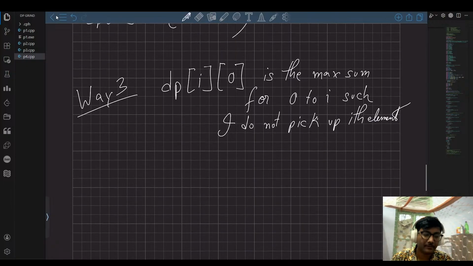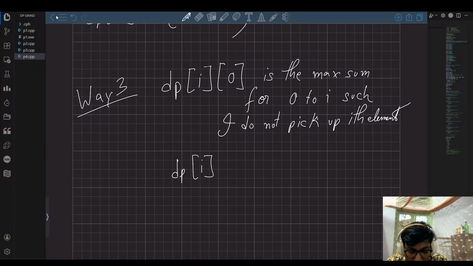So since I'm dead set on the idea that I will not be picking up this ith element, can I say that dp of I 0, since 0 to I am considering, is dp of I minus 2?